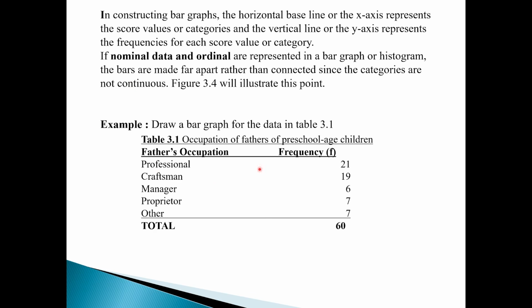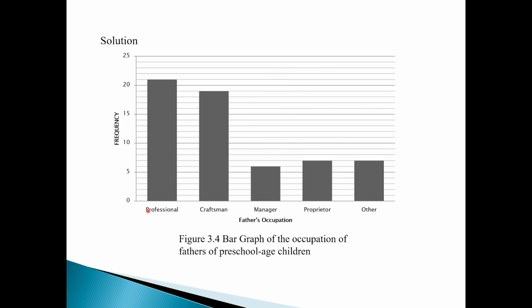For professional, look for the value of 21 in your ordinate or your y-axis. Then create a bar from 0 until 21. So this is how it looks. Professional from 0. If you look at it, this is your bar graph.